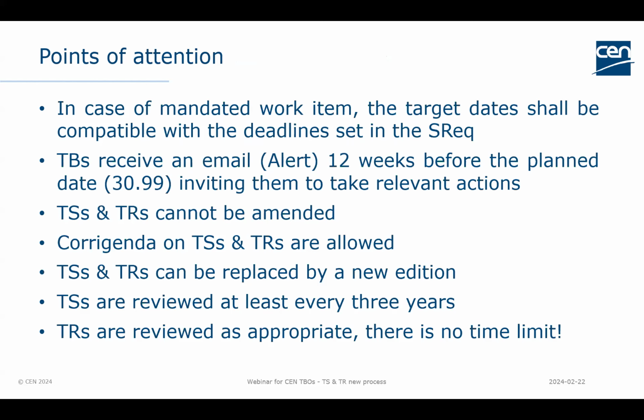The technical bodies will receive an email alert 12 weeks before the planned date for stage 3099, inviting technical bodies to take relevant actions in case of delay. So this alert arrives 12 weeks before the deadline. You are used to having those alerts for ENs also, so it's just a reminder.